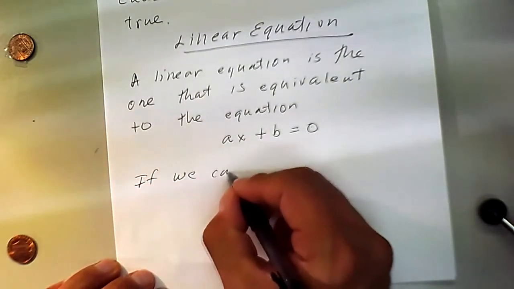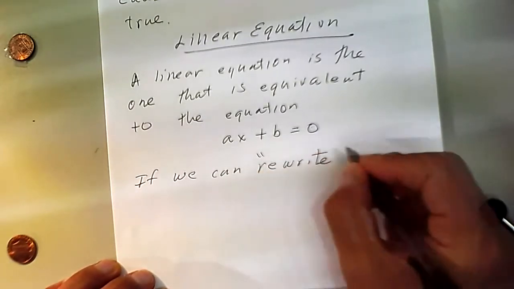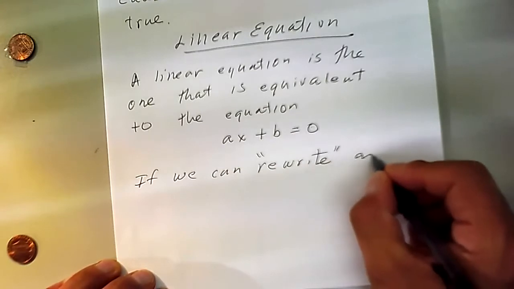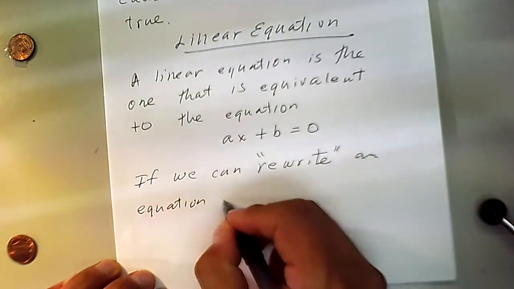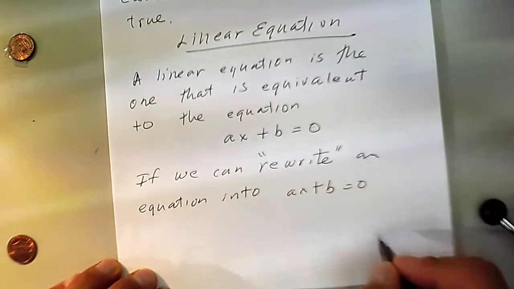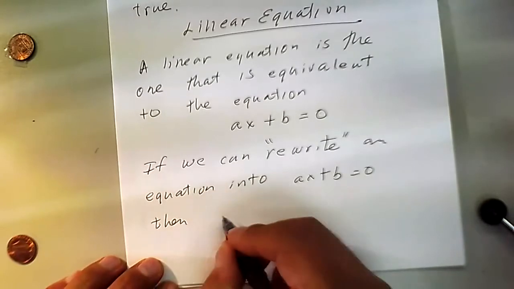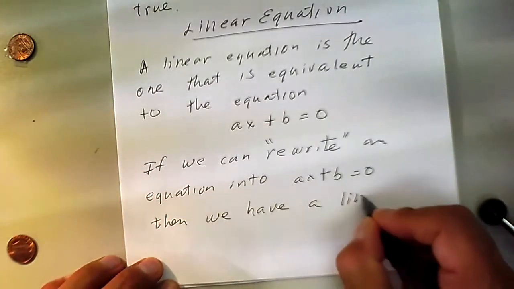If we can "rewrite" an equation into ax plus b equal to 0, then we have a linear equation.